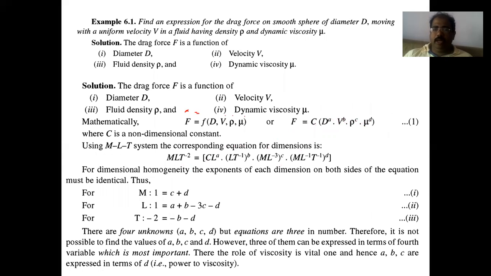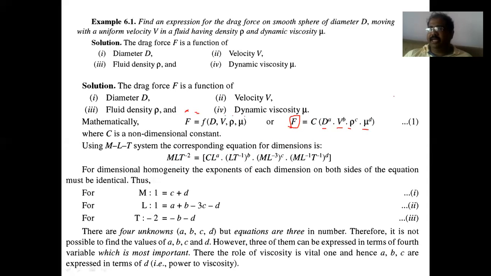Let's convert these different quantities into their fundamental dimensions. We already discussed that the dimension of force is M L T raised to power minus 2. C is the constant, and d is the diameter, which is a length, so it is denoted by L raised to power a. V is the velocity, distance per unit time, so we write (L T^-1) raised to power b.